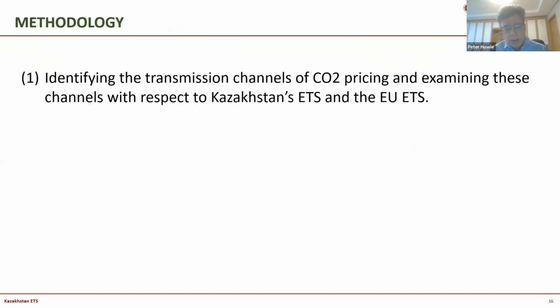So when we looked at the EU ETS and Kazakhstan ETS, the methodology we used was to identify transmission channels through which CO2 pricing could move into the economy and try to figure out what happened in these channels.